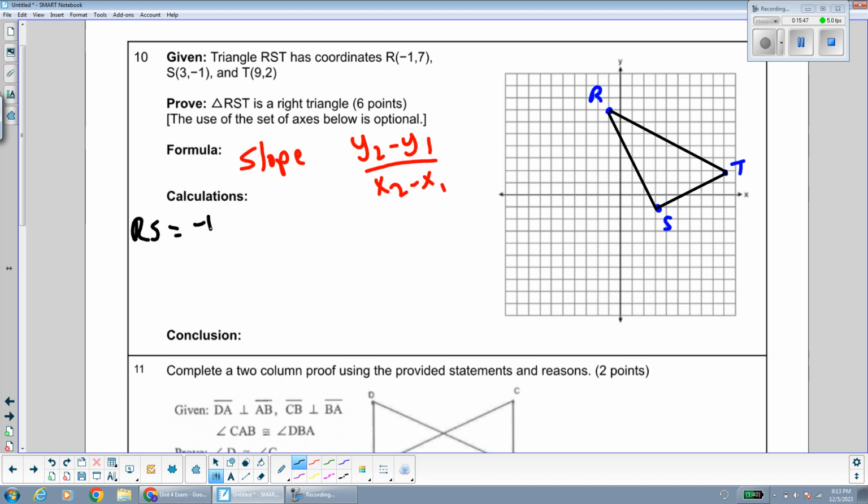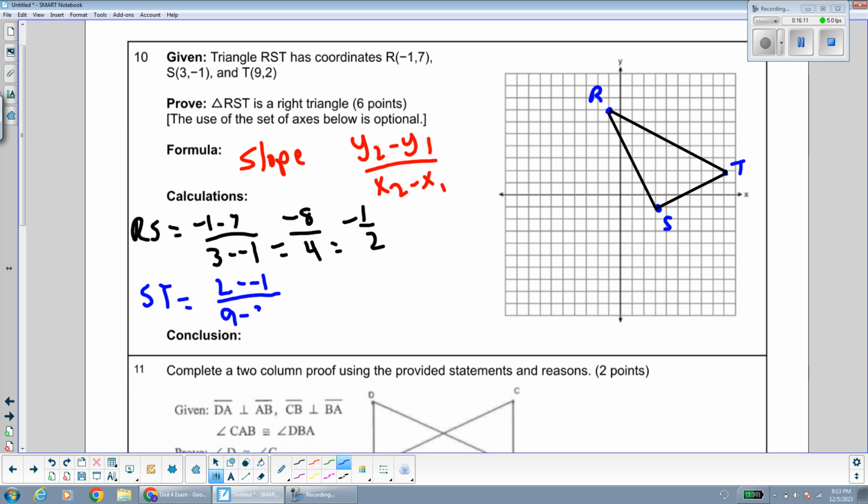So for RS, this is the slope of RS. The y values are -1 and 7. X values are 3 and -1. So we have -8 over 4. In simplest form, that's -2. And then I'm going to do the slope of ST. If we subtract the y values, it's 2 minus -1. Subtract the x values, 9 minus 3. That's 3 over 6.